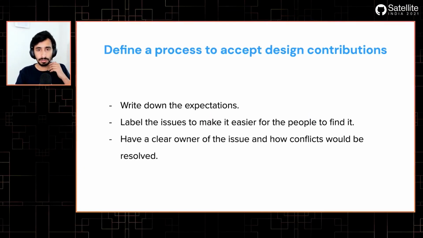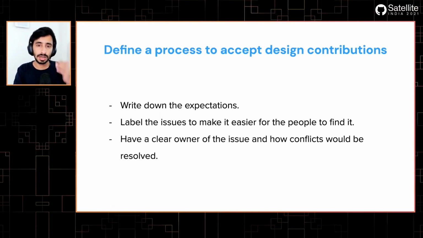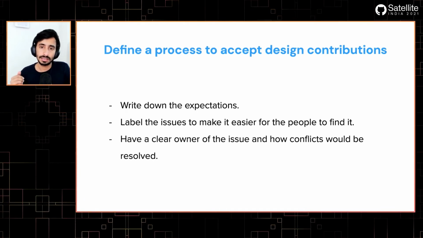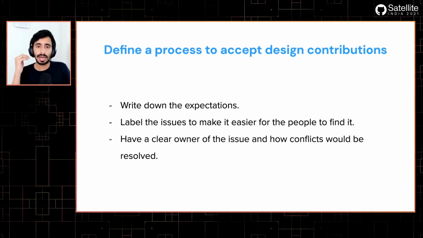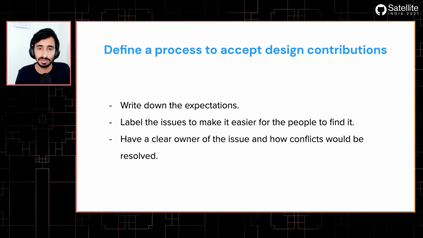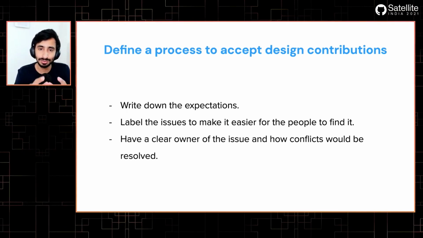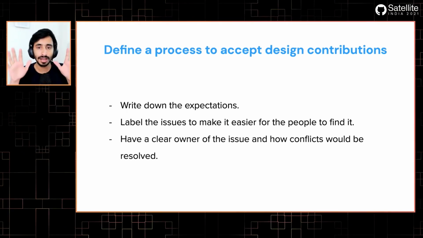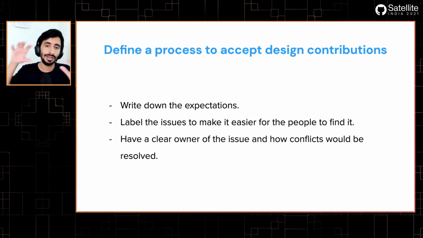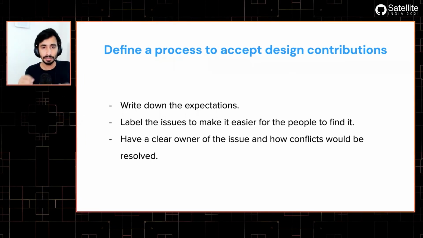So one of the things you want to do is define a process for how people can contribute to design. First, write down the expectations and have a proper product spec. Let's say you're building a Teams feature: write down a product spec, understand what this feature means to you, then create the different options available or different use cases you can solve, and from there label the issues.